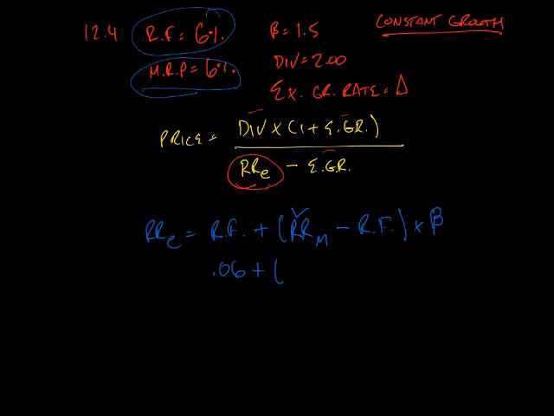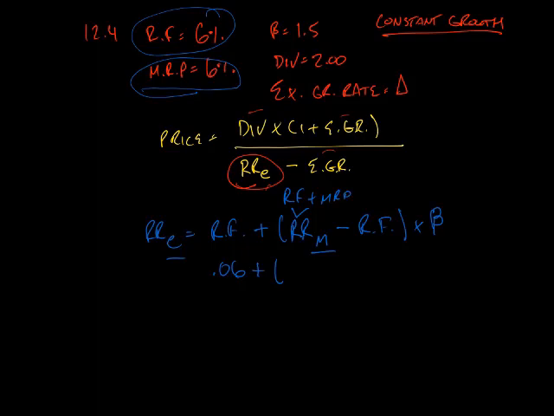So remember that the required rate of return on the market, okay, difference, market versus the individual stock, is simply the risk-free rate plus whatever premium that you're being paid, that market risk premium.